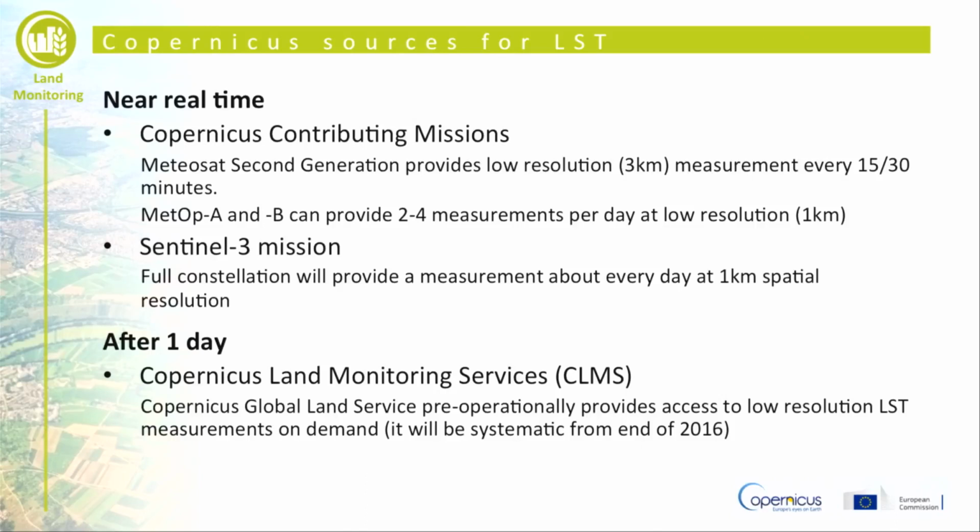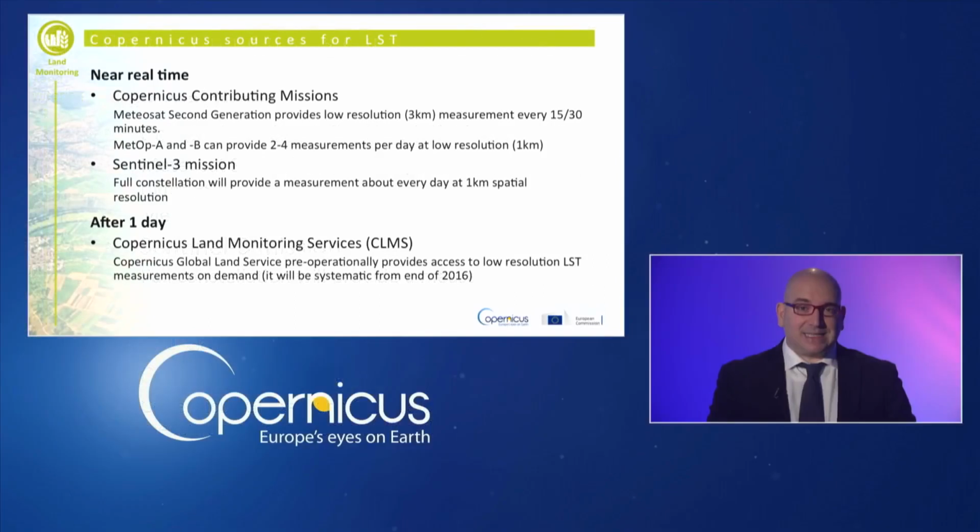Currently, near real-time measurements can be achieved by Copernicus contributing missions like Meteosat Second Generation and MetOp-A and B. The Sentinel-3 mission consists of 2 satellites which, when fully operational, will provide near real-time measurement of land surface temperature at a spatial resolution of 1 kilometer with a repetition frequency of about 1 day.